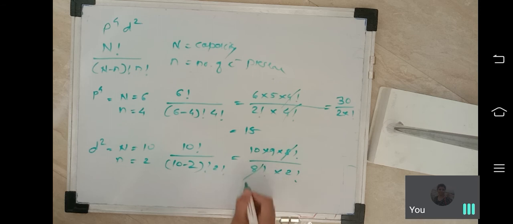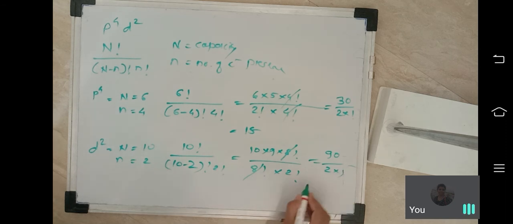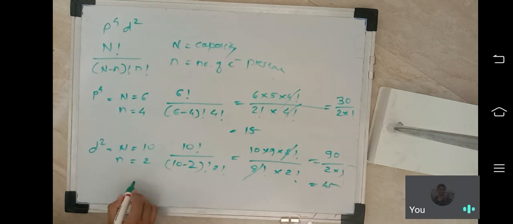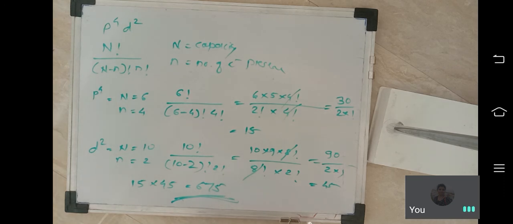The 8 factorials cancel. Here 90 divided by 2 into 1, that means 45. So 15 into 45, the answer is 675. This is the total degeneracy of the p4 d2 system. The remaining topic we will see in the next lecture.